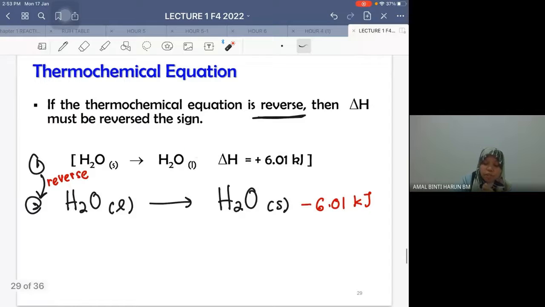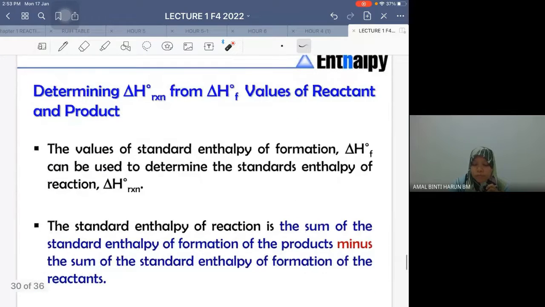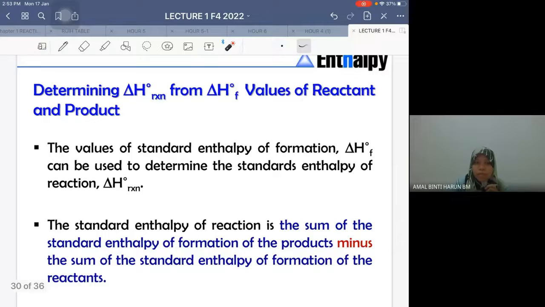If the whole equation is reversed, the magnitude remains but only the sign changes. Okay, so far do you have any questions? Any questions? Okay, last part.